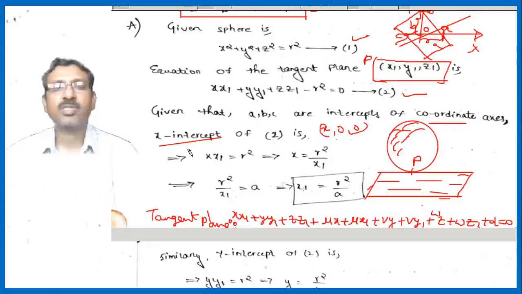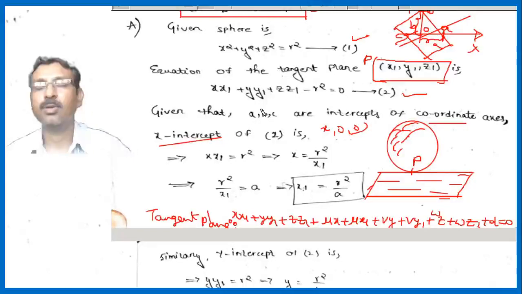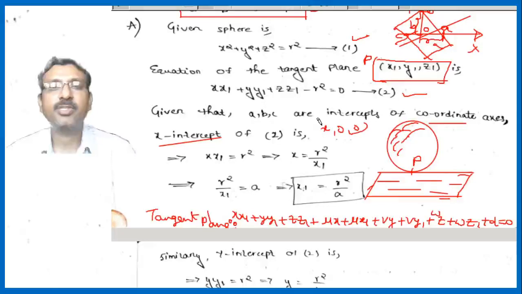First of all, we find the x-intercept. Substitute x, 0, 0 in equation 2. We substitute in place of x, y, z. Here x1, y1, z1 are constants.